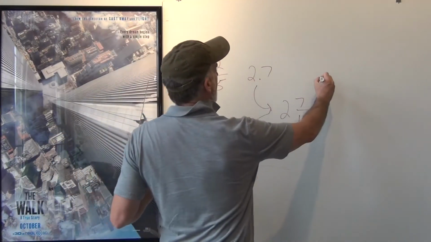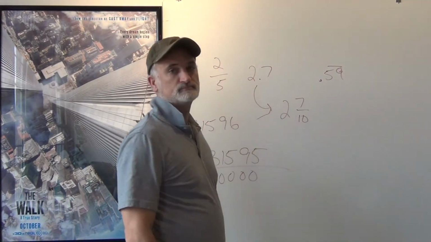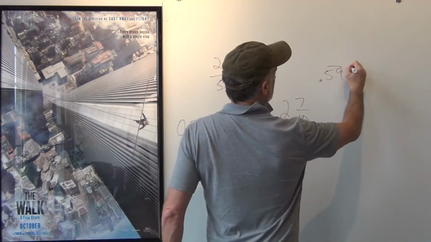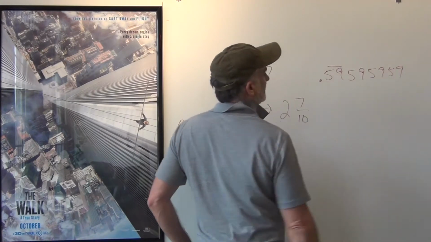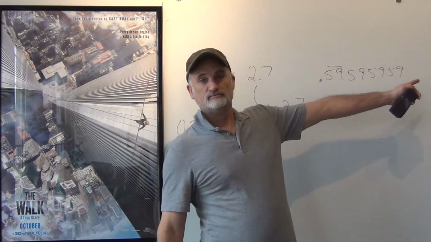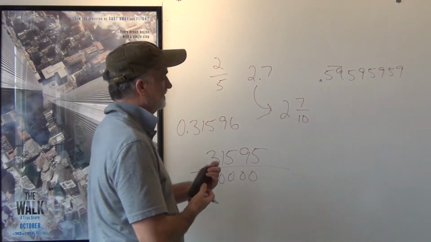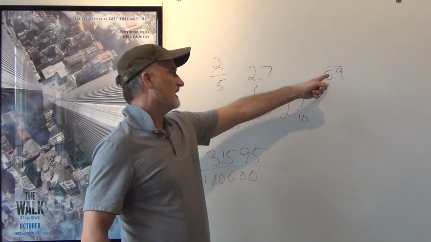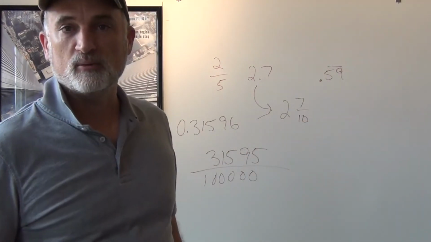Also, let's look at 0.59 repeater. Now, have we talked about repeaters yet? All that means is that it goes on and on, 59, forever, okay? And so instead of continuing to repeat that, we put a line over both numbers, and that lets us know that they repeat.